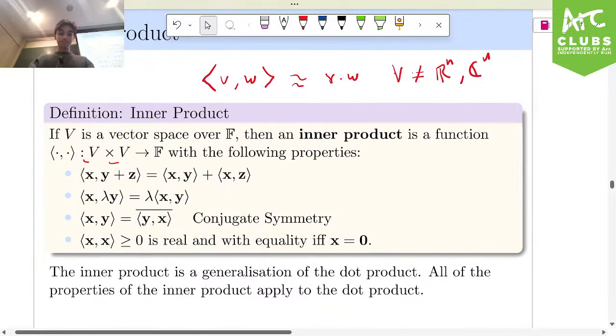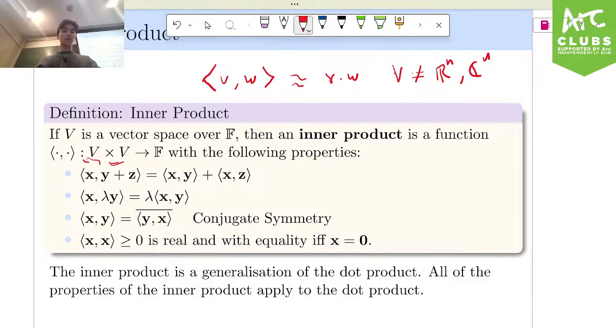The real and complex vector spaces. So let's look at these properties. If V is a vector space over a field F, then an inner product is a function between two vectors in that vector space and the field, with the following properties. The first property is that it's linear in the second argument, right? So what that means is that this second argument preserves addition and preserves scalar multiplication. It also happens to be that the first argument also preserves addition as a result of the other properties.